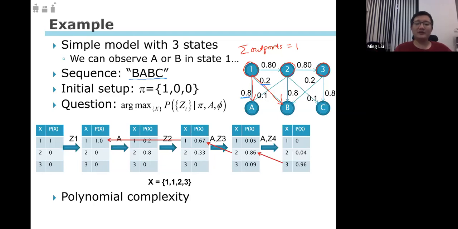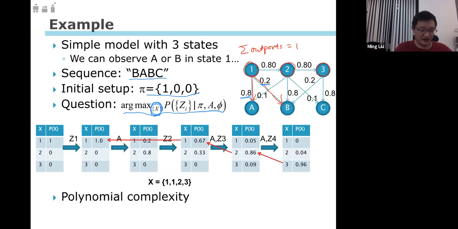We don't care what BABC is. This is just a hypothetical example. The initial setup is that you are at state 1, 100% at state 1. The question is, which kind of X will maximize what you observe?